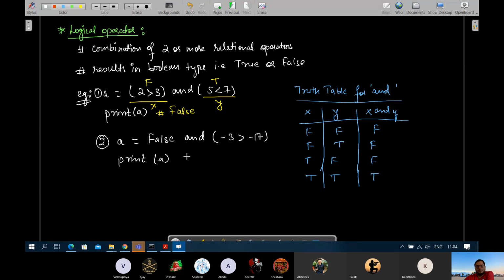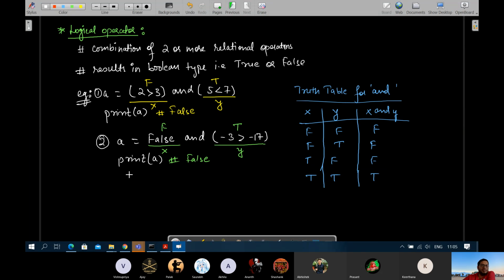Print A. What will be the answer? False. क्यों? What is x and what is y? This is x and this is y. X is already false. Y का solve करके क्या आएगा? -3 is greater than -17. This will result in true. Again same thing है, false and true. This will again give you false.